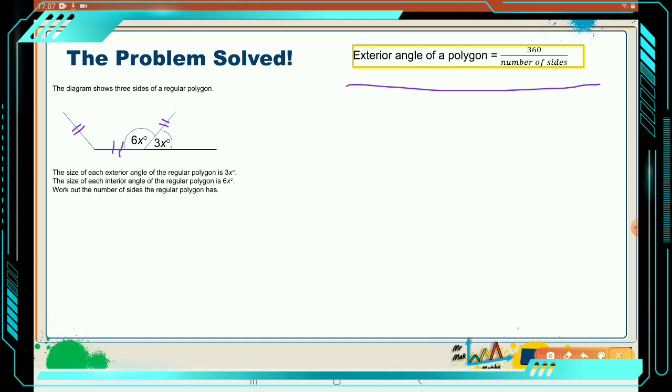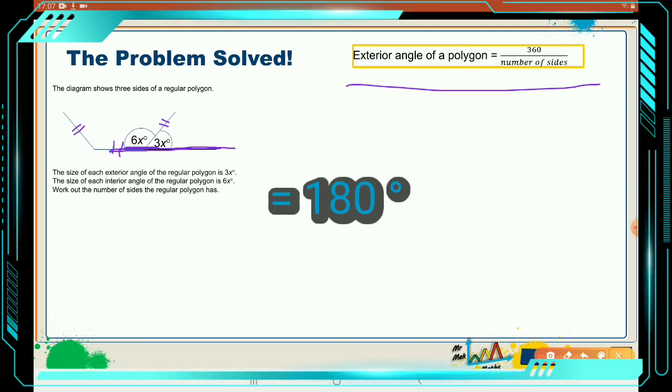Right, so the first thing we need to do is look at the 6x and the 3x. If you look at those two angles, they are actually on a straight line. Angles on a straight line add up to 180 degrees.